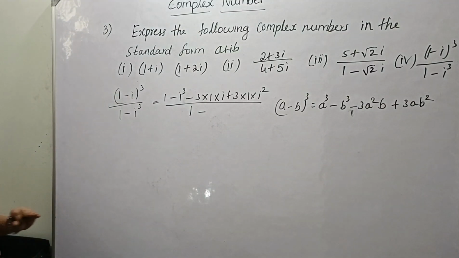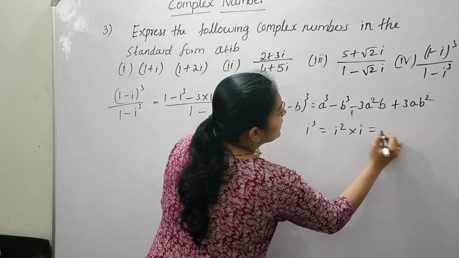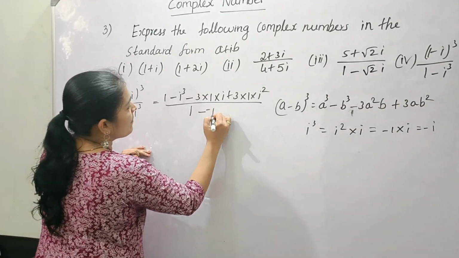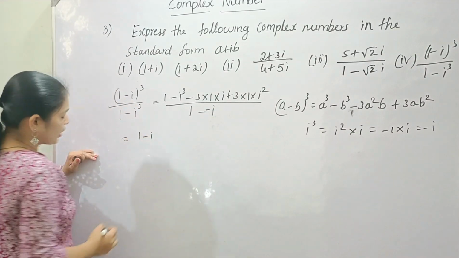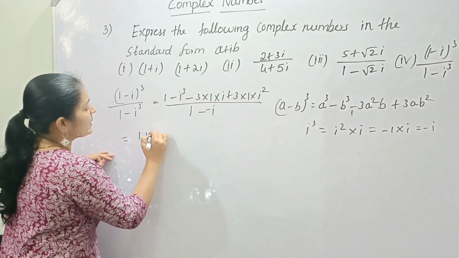What is the value of i cube? I cube is nothing but i square into i, that is minus 1 into i, minus i. So i cube is minus i, so 1 minus i cube, with i cube being minus i, minus minus becomes plus i.